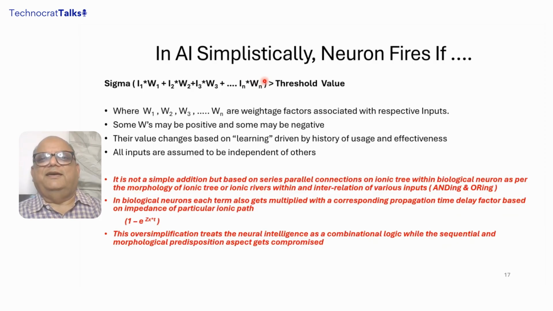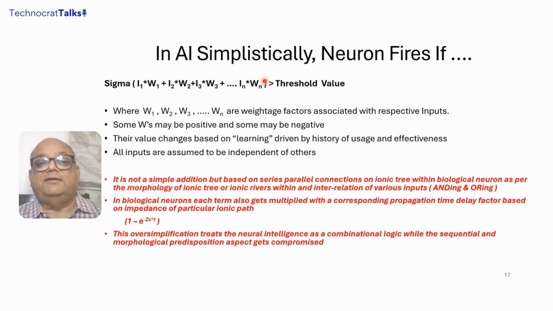Now it's not that bad in AI. They have taken cognizance of weightage factors at least, and success rate based on that weightage factor, something they have done all right. But then they have not considered the interrelation between various inputs based on morphology, and they have not considered the propagation delay. What will be the delay? What input should come first? What should come later to make it fire?